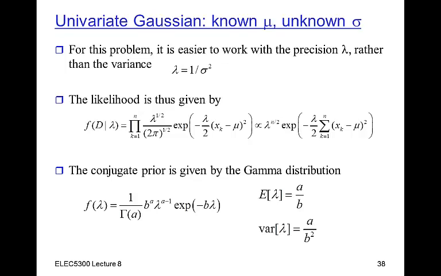We'll start out by assuming that the mean is known, but the variance is unknown. So in this situation, the hill location is always going to be at mu, but then the variance could change.